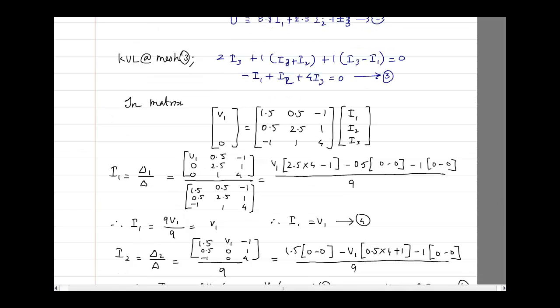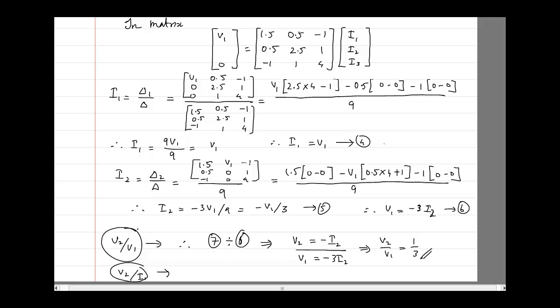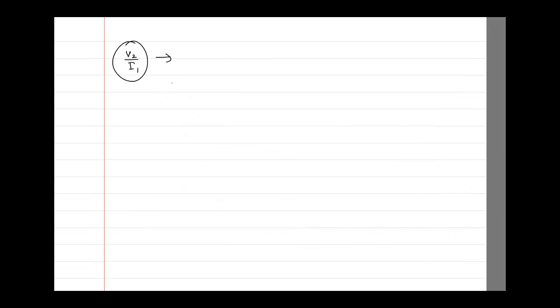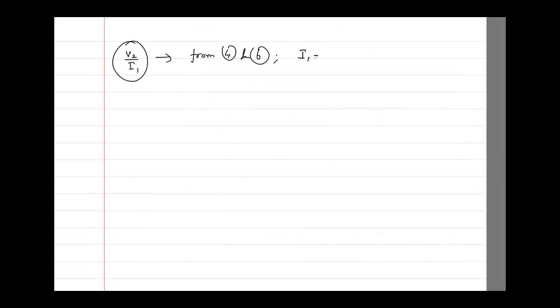V2 is in terms of I2, so I1 in terms of I2, is there any way? Yeah, if you look at 4 and 6, from 4 and 6 I can say there is a relation between I1 and I2. What do you see? V1, isn't it? So I1 is equal to minus 3I2.